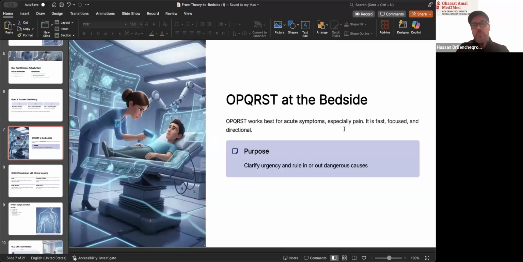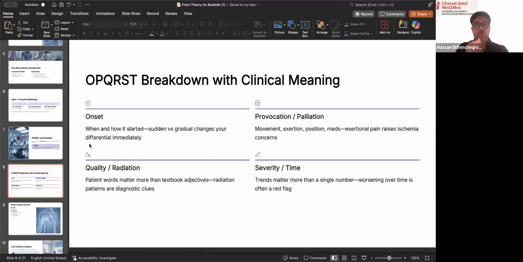So let's look at the OPQRST at the bedside. It works best for acute symptoms like pain. Okay? So what we're going to do with the OPQRST: O is onset. How did it start? Okay? How did it start?